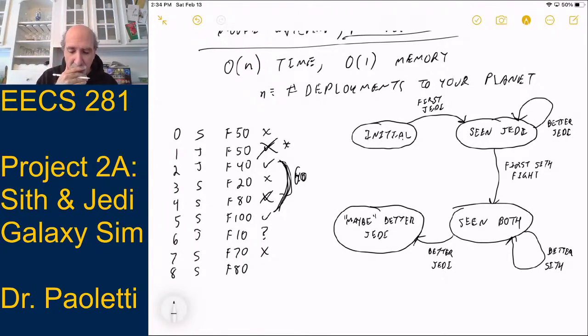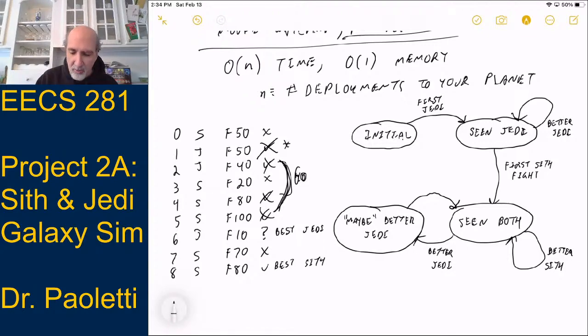So what I'm going to do is transition back to this state, and now my maybe Jedi becomes my best Jedi. This becomes my best Sith. I forget about that one and that one. And now, if the movie were to end, that's the one I would print.